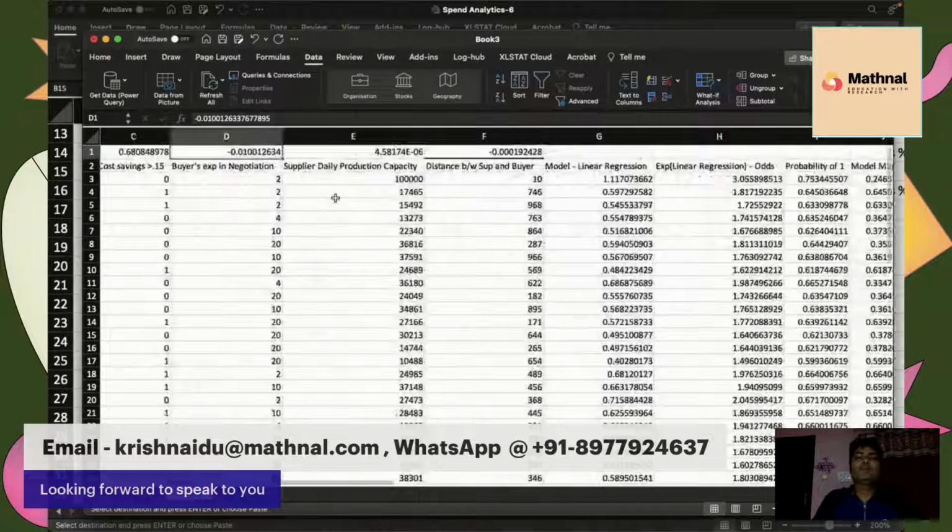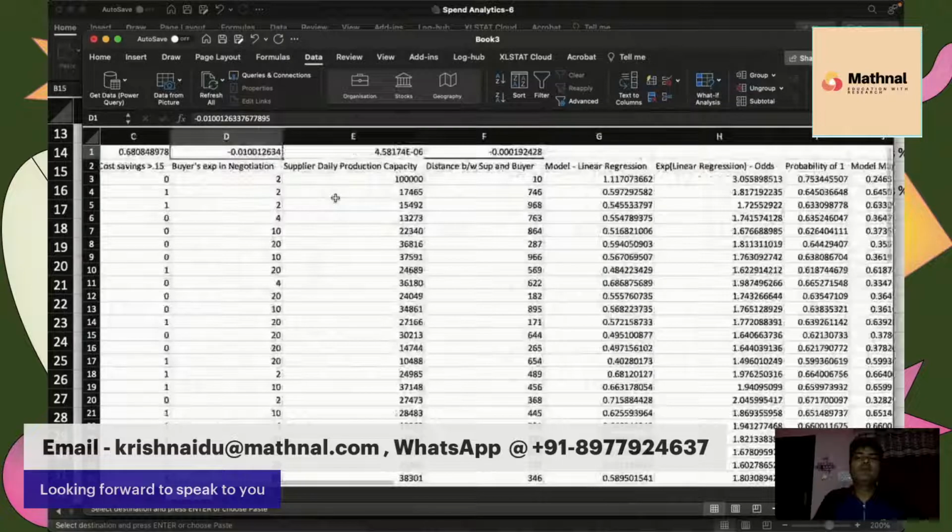So first we found a linear model using the linear regression method. Then we took the exponential of this linear regression model, which is nothing but odds. Then we found the probability of 1 by dividing e to the power a plus bx by 1 plus e to the power a plus bx. Then we did the model mapping, because wherever we have 0, we have to compare with the probability of 0, and wherever we have 1, we have to compare with the probability of 1.